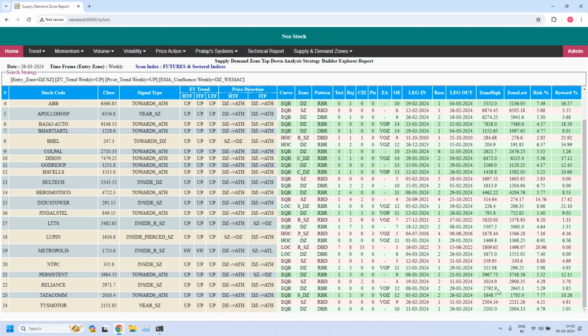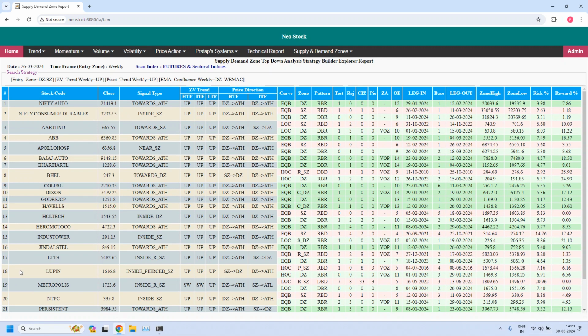Currently, weekly overextension is there for Reliance. That way you need to understand these reports. If you draw them on your charts, you get more clarity. Because I am comfortable reading these reports, just looking at the report I can tell you the picture of how it could be. But it is always better to draw on the charts.